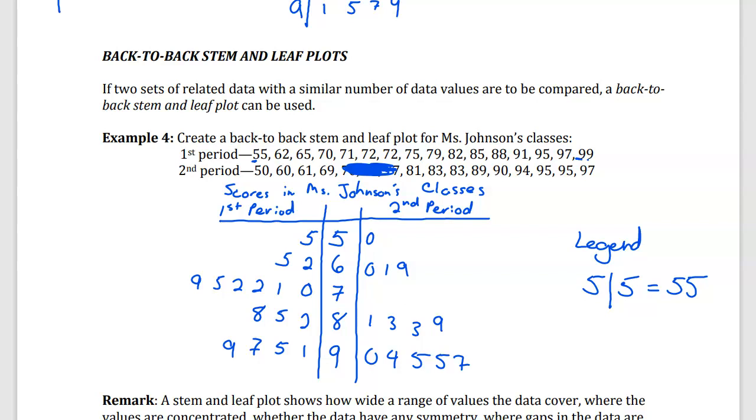If we put a 0, that represents a number. That represents a 70. So we actually just leave it blank if there's not a leaf for that individual stem between the smallest and the largest stems. Anytime you do not have a leaf for a particular stem, just leave it blank.